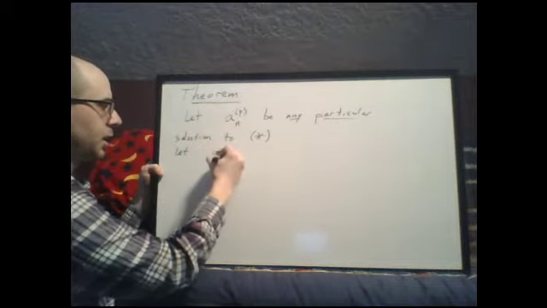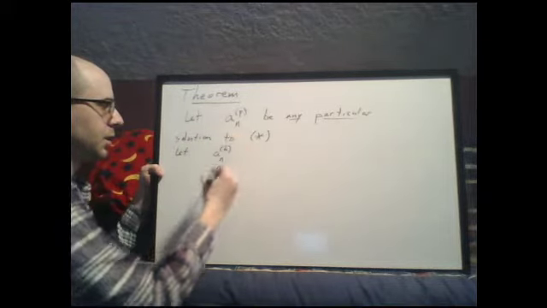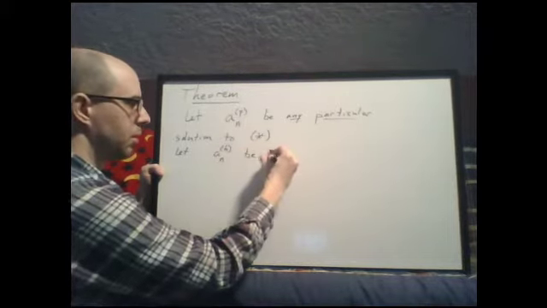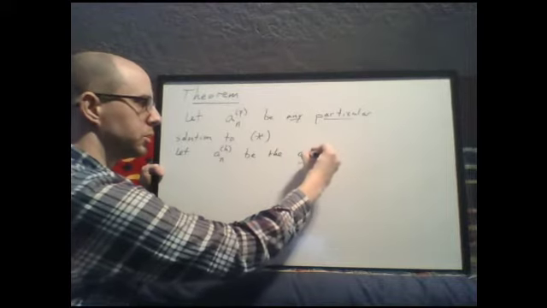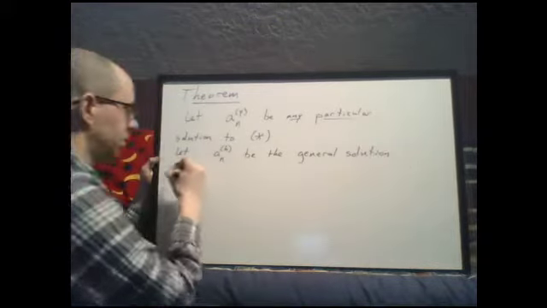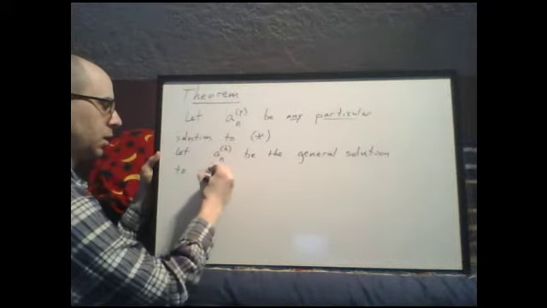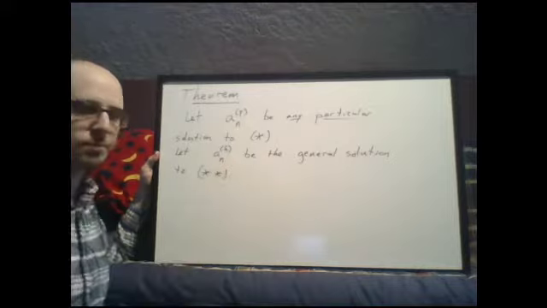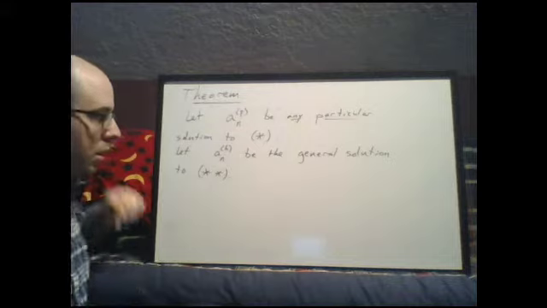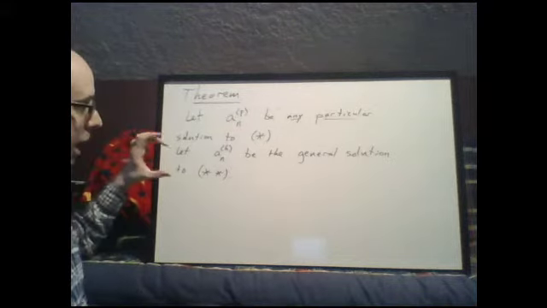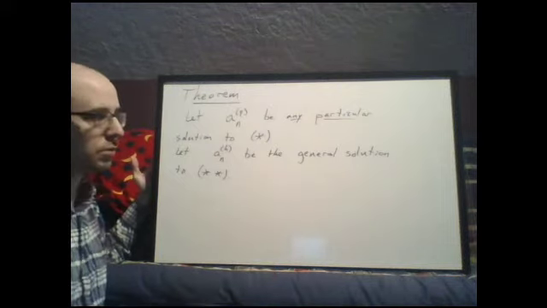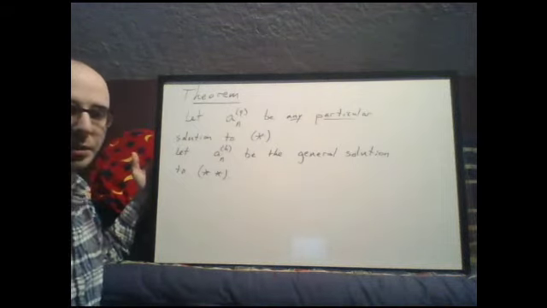And let a n H, the H here is for homogeneous, be the general solution to double star. So a n H is the full general solution to the homogeneous recurrence that is associated to the non-homogeneous recurrence.